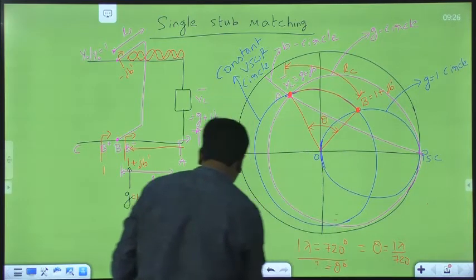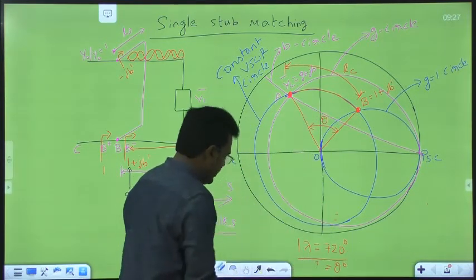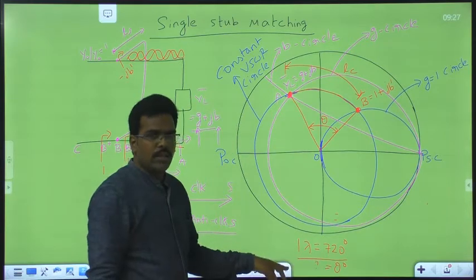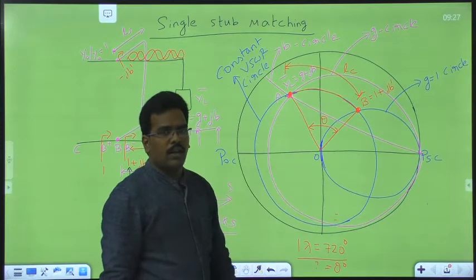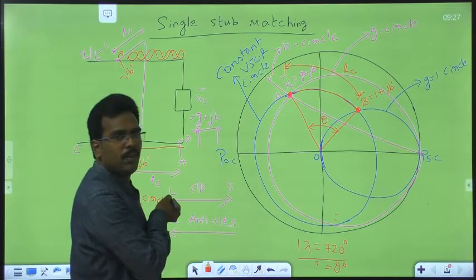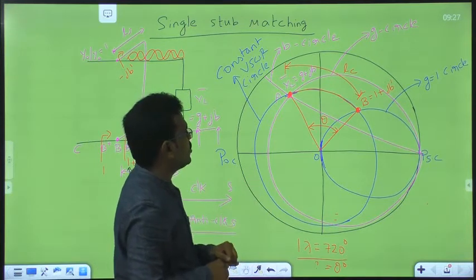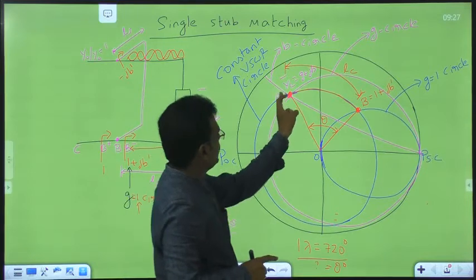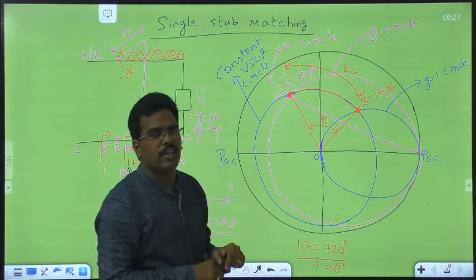So for theta degrees, find the distance in terms of lambdas. That is going to give the length between A and B minus. Okay. So one point is over, that is, the location of the stub is finalized.